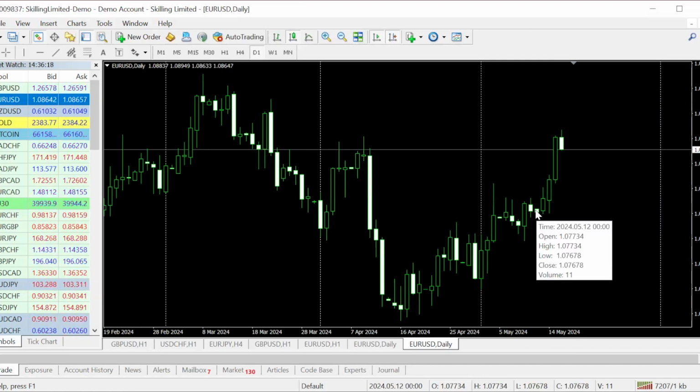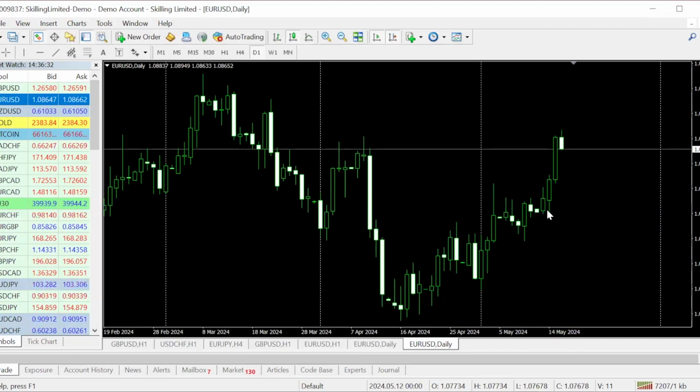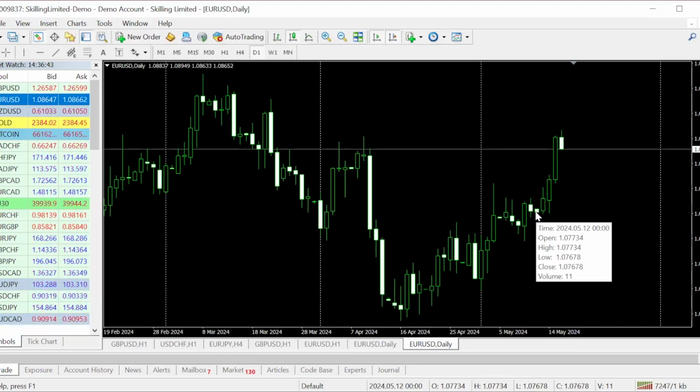And this could have happened maybe on the Skilling platform on Sunday night. The first few hours break out as a particular day, just a few hours before the next day peaks. So that's how it happens sometimes. That's why this one just shows the volume of 11, because at this point it's as if nobody was even in the market.